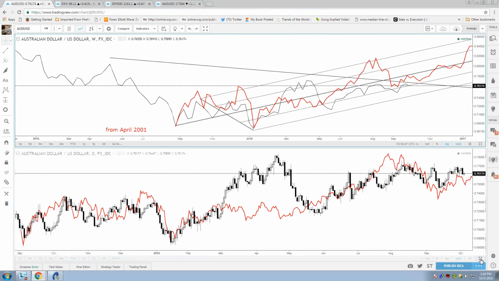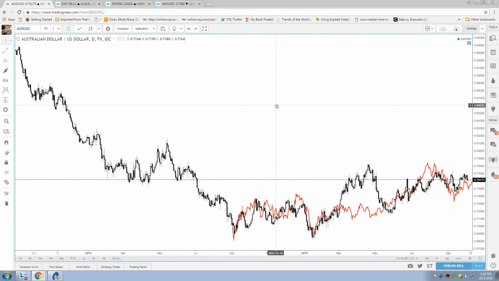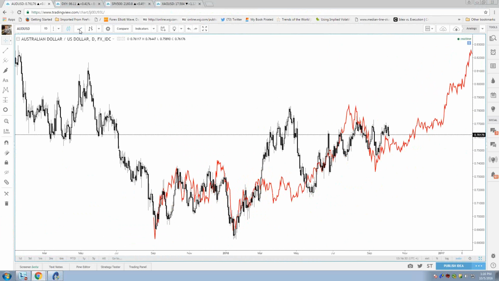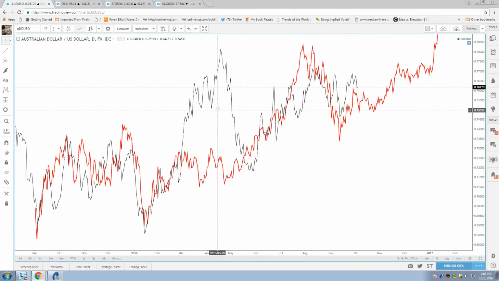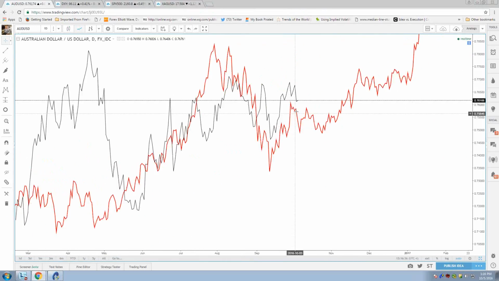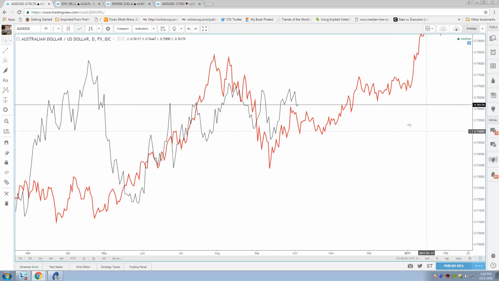If we even go down to the daily, we can see just how clean it is. So here's the closing prices. This basically suggests that you trade in a decent range up until maybe the last week or so of October before you really start to get a trend on the upside in Aussie dollar.